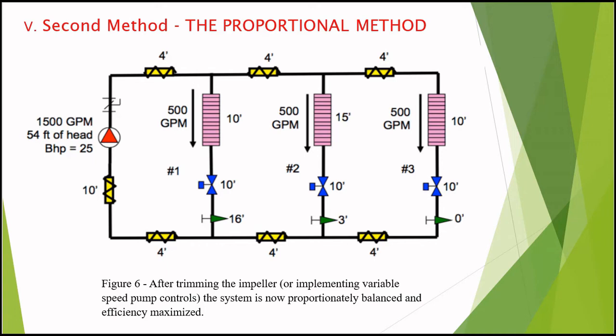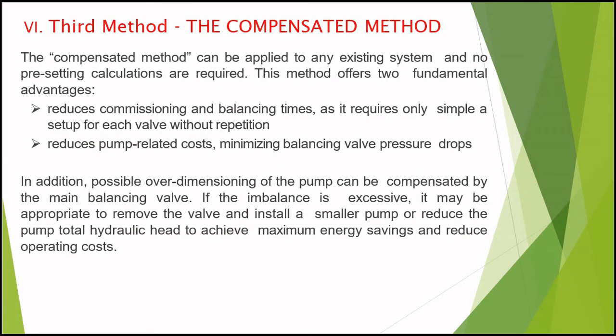Now let's move to the last method, which is the third one, the compensated method. The compensated method can be applied to an existing system and no presetting calculations are required. This method offers two fundamental advantages. First, it reduces commissioning and balancing times, as it requires only a simple setup for each valve without repetition.